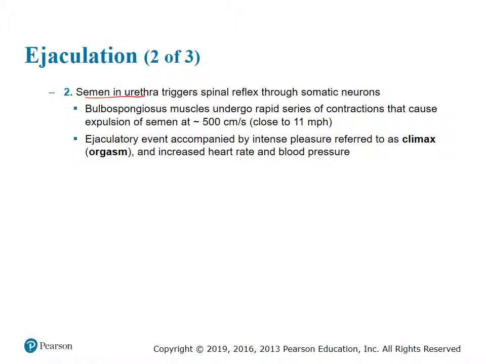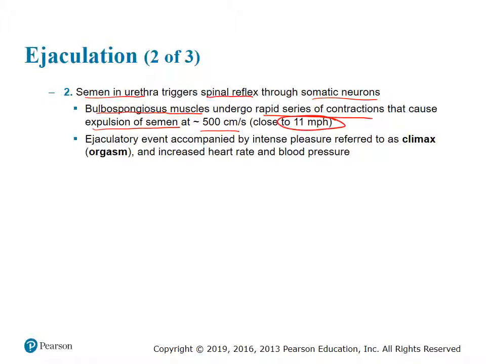Semen in the urethra triggers a spinal reflex through the somatic neurons. Those neurons fire back to what we call the bulbospongiosus muscle, and that muscle goes through a really rapid series of contractions, and that causes the expulsion of semen, right? 500 centimeters a second.